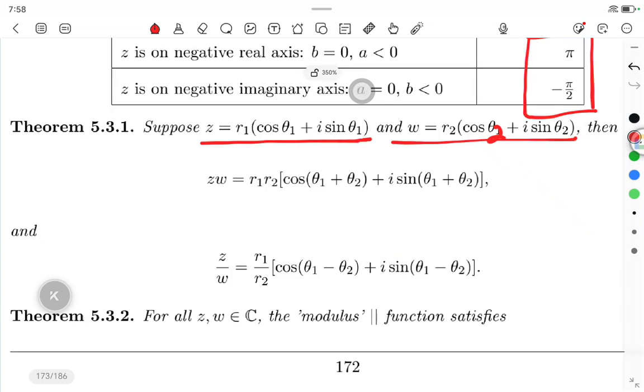So let's check. So now we'll say then, if we're going to multiply the two of them, we're going to multiply R with R. When we come to cos, we're going to keep cos, we add their angles. Then for the sine, we do the same thing. We keep the sine, we add the angles. So you'll see these properties are going to add up.